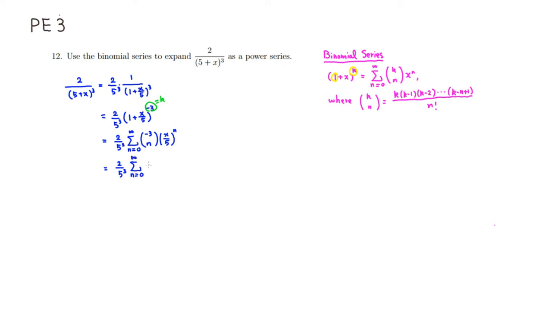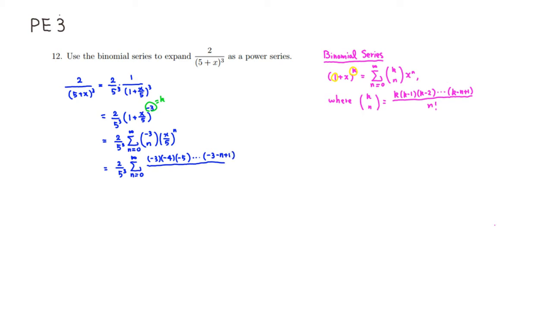The binomial coefficient goes like this. We start from negative 3, the next one is of course negative 4, and the next one is negative 5. Then you have n factors of those, and the last one is negative 3 minus n plus 1. I'm just following the formula there.